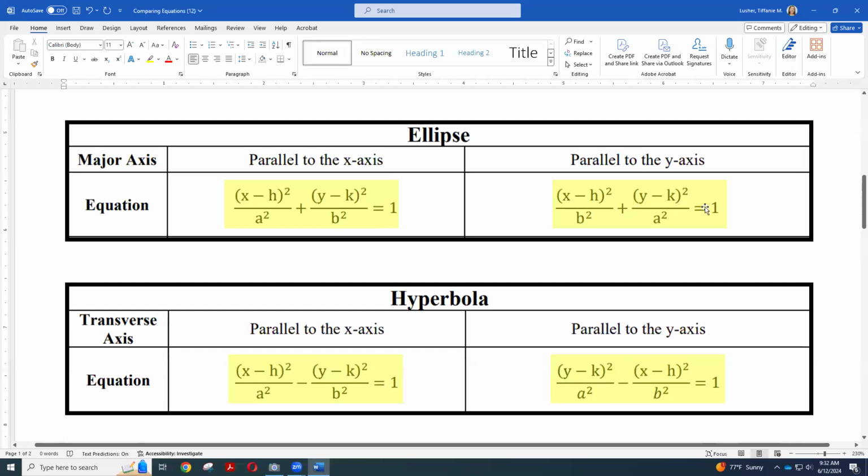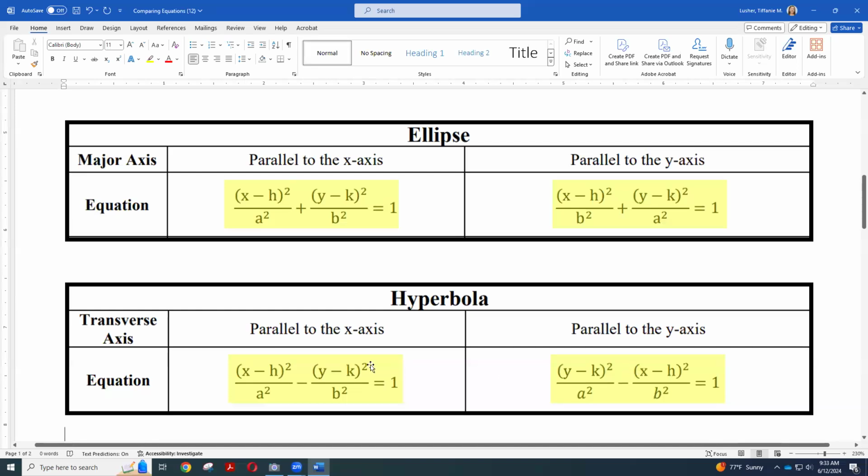All of these equations equal 1, so that's another similarity, and they all divide by a² and b², but as you know, a² and b² change for the ellipse, and so we could tell whichever one was a by whichever was the larger number. So if our larger number was under the x, it was parallel to the x.